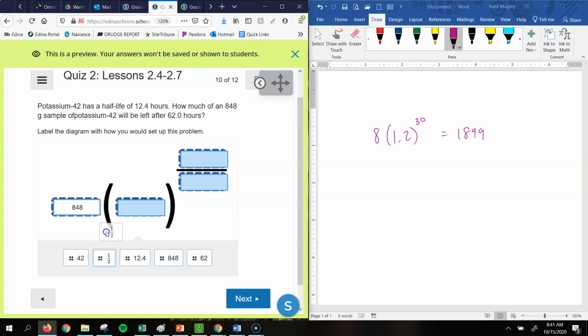Since this is a half-life problem, our growth factor will always be 1/2. Remember, for our exponent, it's always your time divided by the time of your half-life. So 12.4 would go in the denominator, and the 62 hours would go in our numerator.